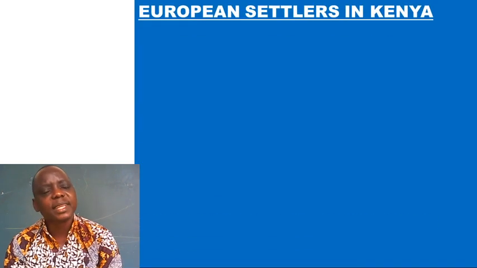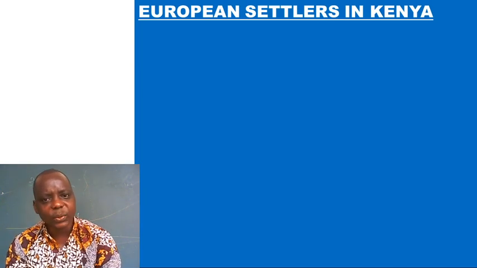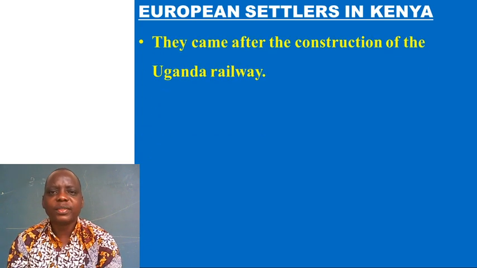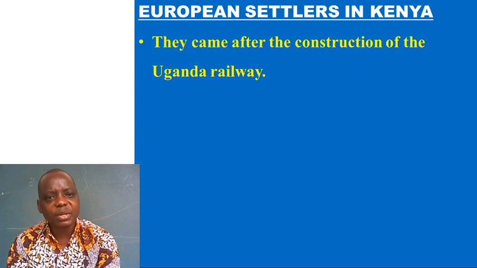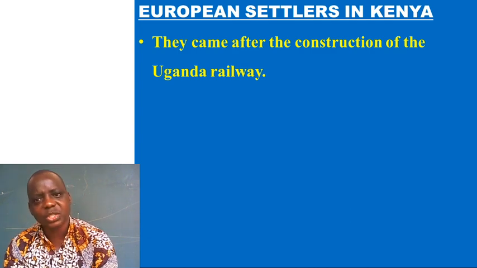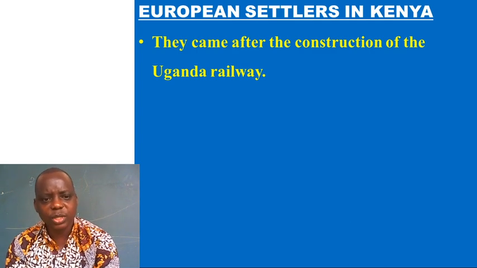Now, European settlers, we are now getting to Kenya. And we are looking at Kenya as a place where these Europeans settled. Now, they came after the construction of the Uganda Railway. Now, boys and girls, in primary 6, we learned about the construction of the Uganda Railway. And we now know why it is called the Uganda Railway.